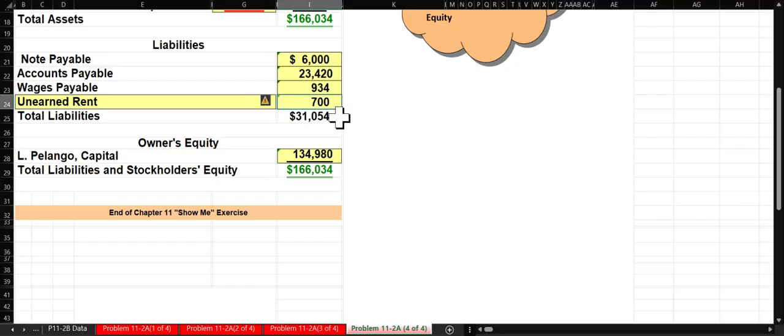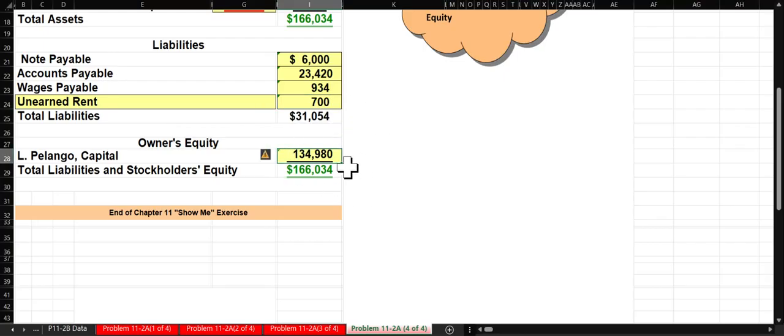It's possible, depending on the situation, that we may have to return this money or this amount to the tenant. But as of right now, it is a liability, and as time passes, it will shift from being a liability to a revenue or income as we earn the amount.